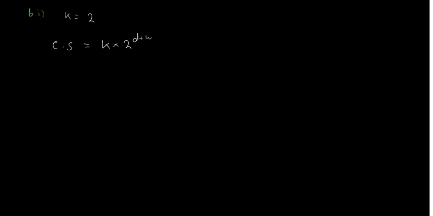What is our cache size? We know that our cache size is 256 bytes, which is 2 to the power 8. What is our k? Our k is 2, times 2 to the power g. We want to find the number of sets that we have. Just a correction of what I said in the previous video: I said we're given the number of sets.